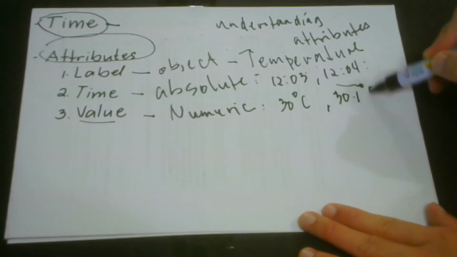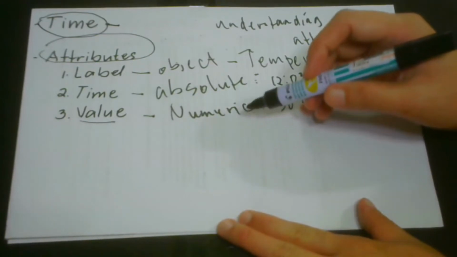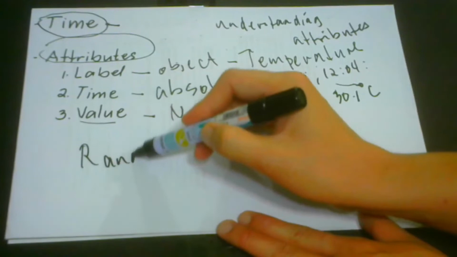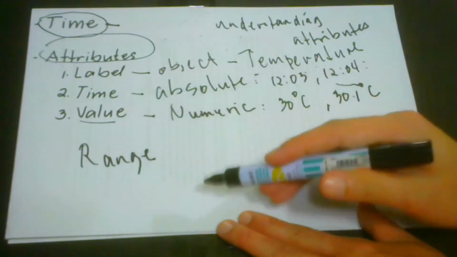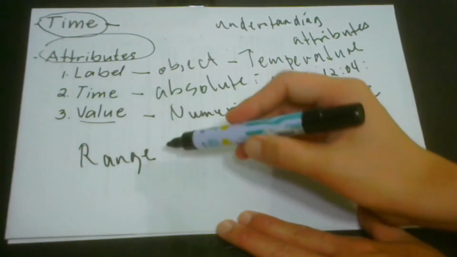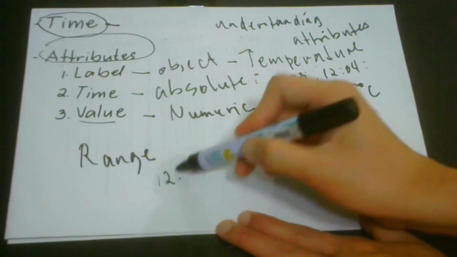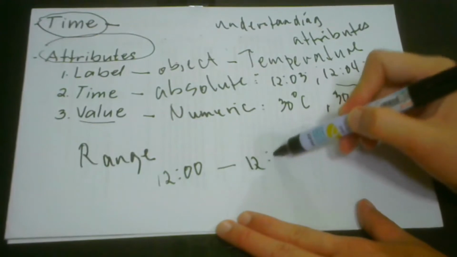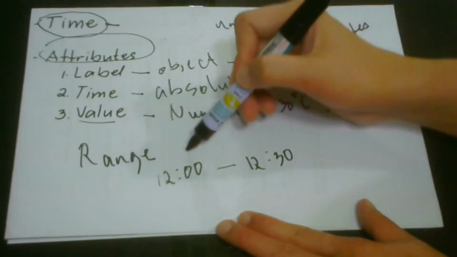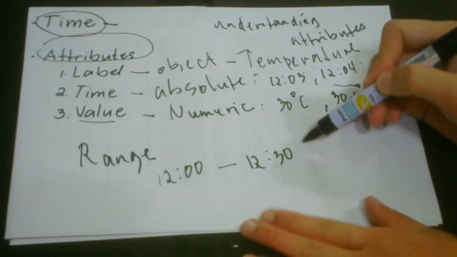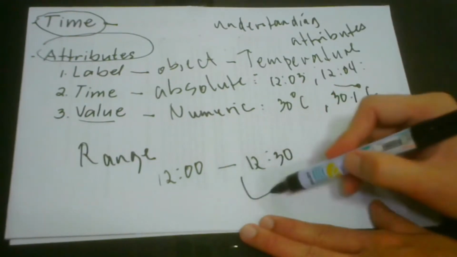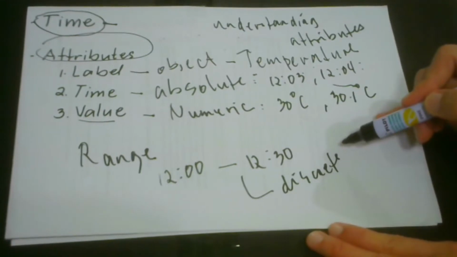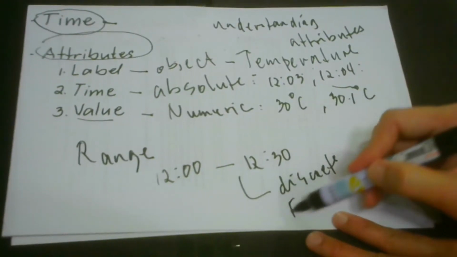And of course, because we are talking here of time, we always have to remember range. Because within a time frame, like for example, from 12:00 to 12:30, this is noon going to the afternoon, there must be a discrete value within this time frame. And not only is it discrete, it is also fixed.